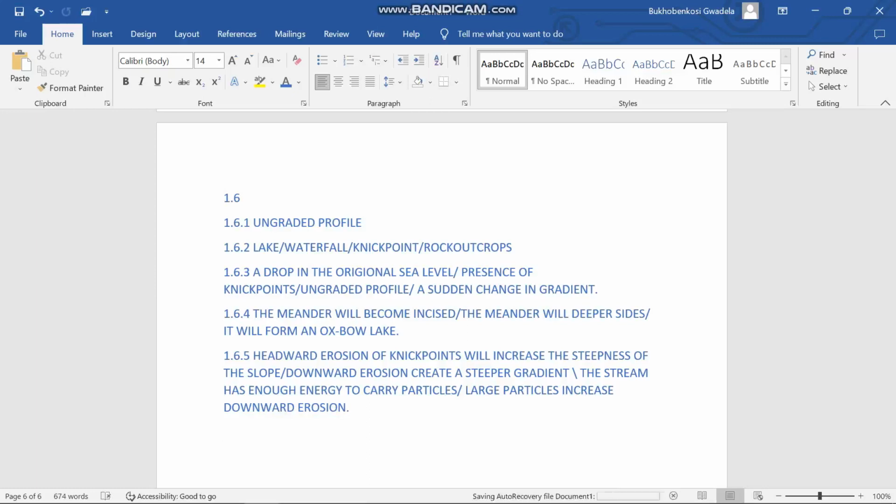Now for the processes creating the gradual gradient in the lower course.